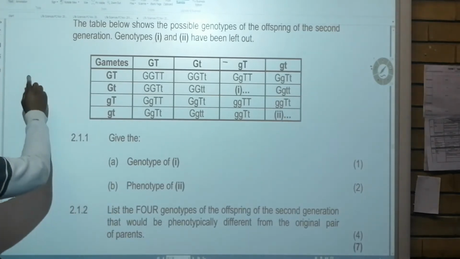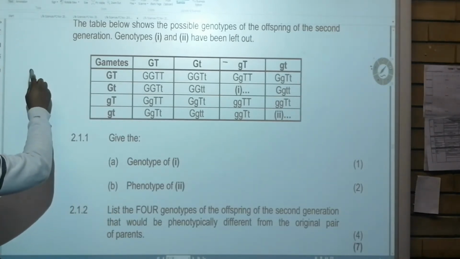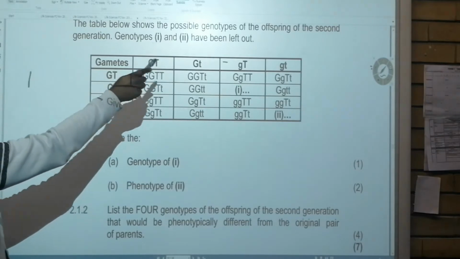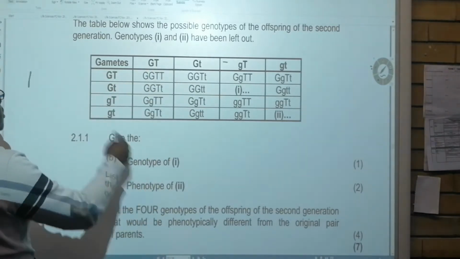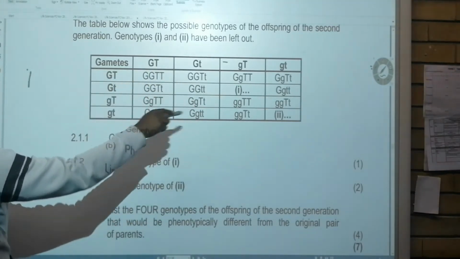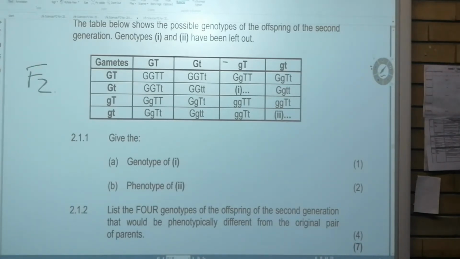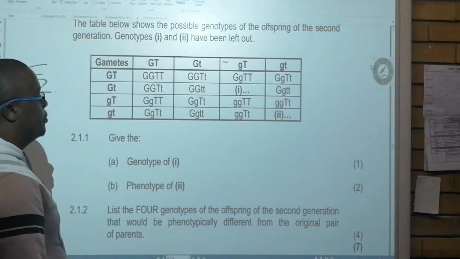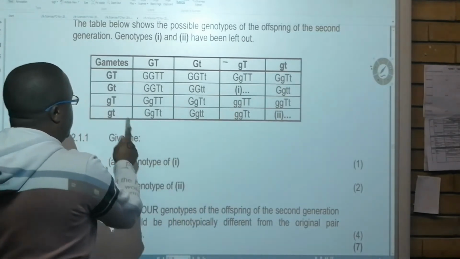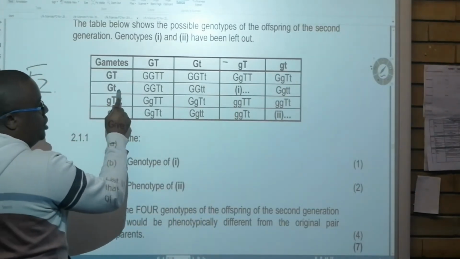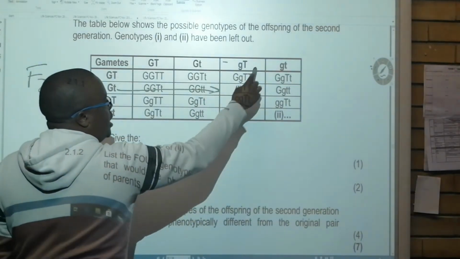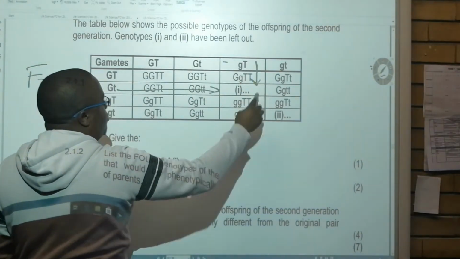So this is the course of what? The table below shows the possible genotypes of the offspring. So these are the offspring. This is F2. Give the genotype of I. Where is I? I is here. So we know that the G goes there, and then this one here comes there.